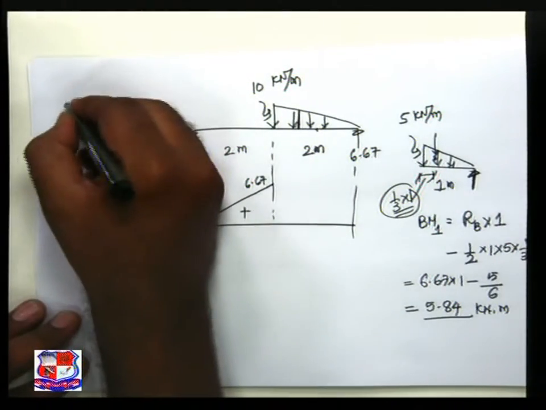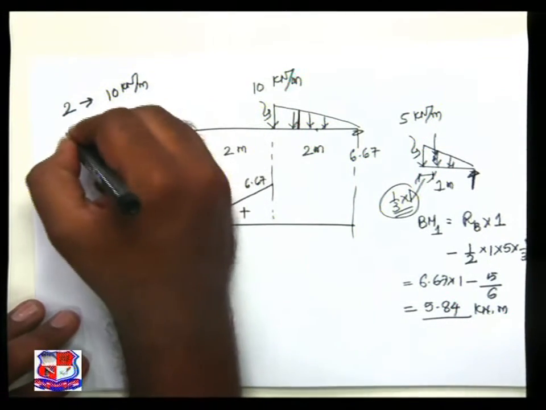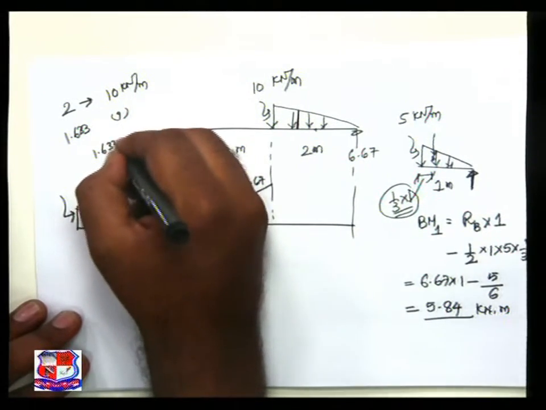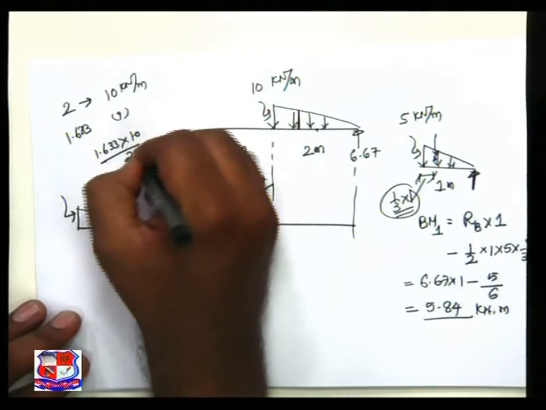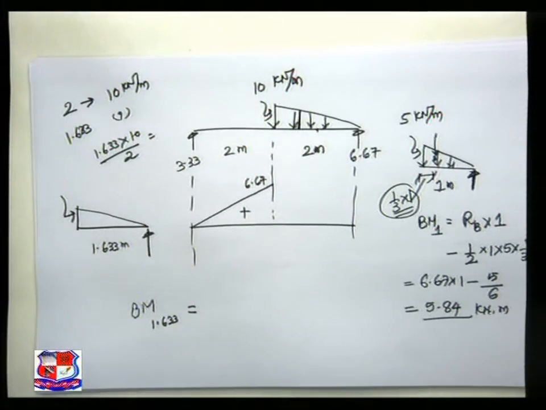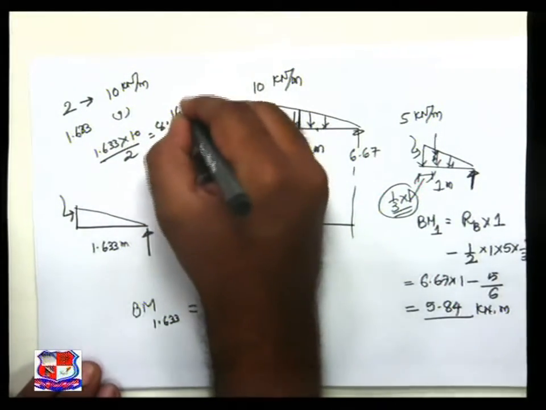So for 2 meter, if it is 10 kilonewton per meter, for 1.633 it is how much? 1.633 into 10/2 is 5 multiplied by 1.633, which gives me 8.165.